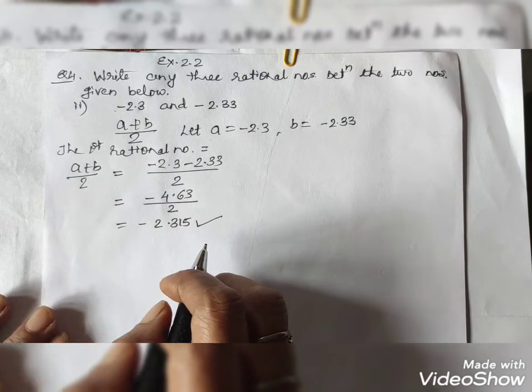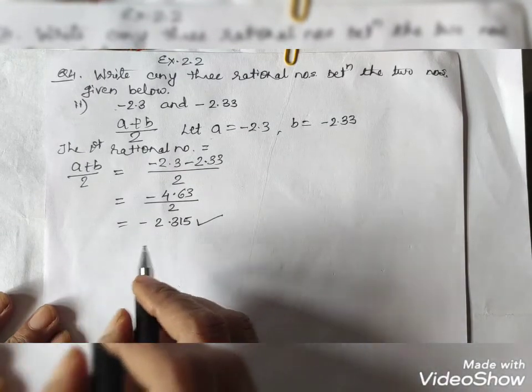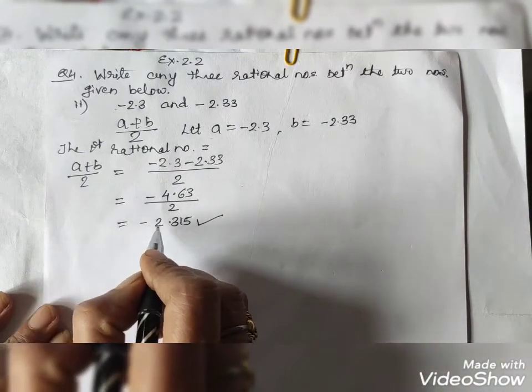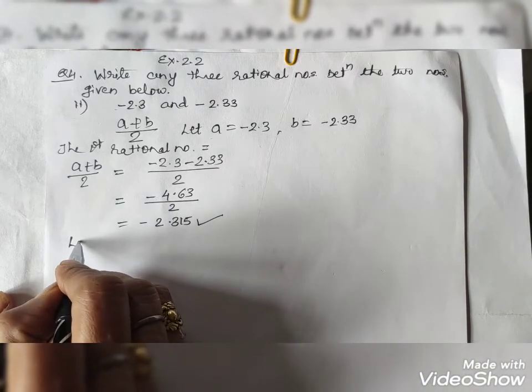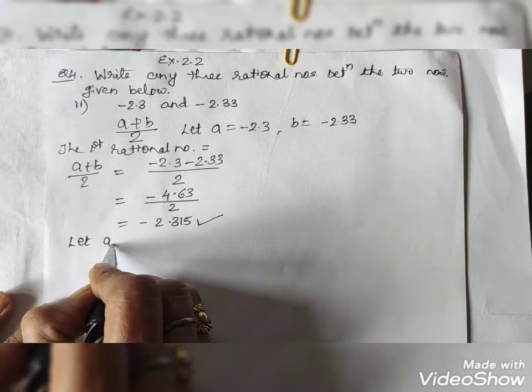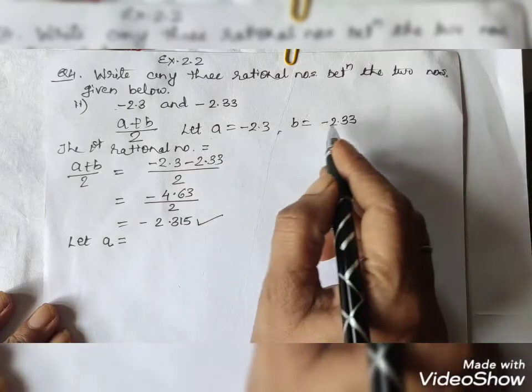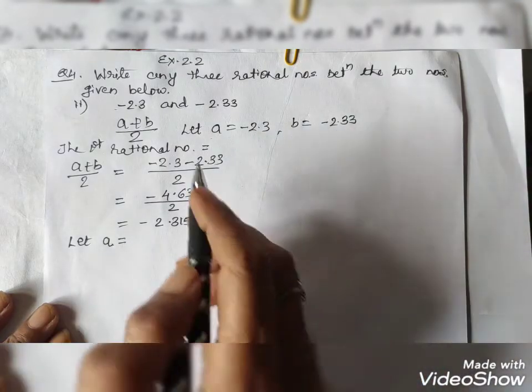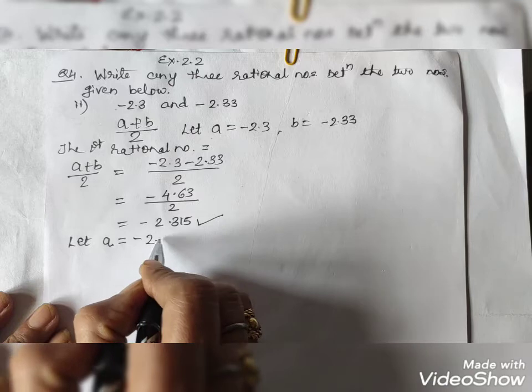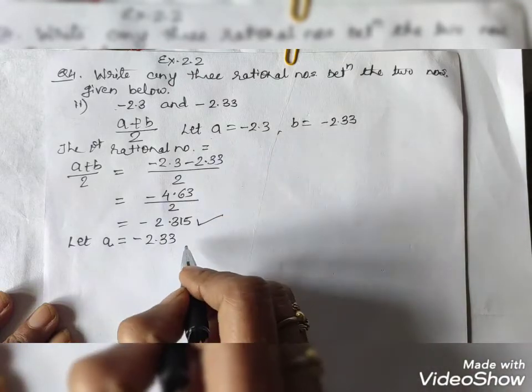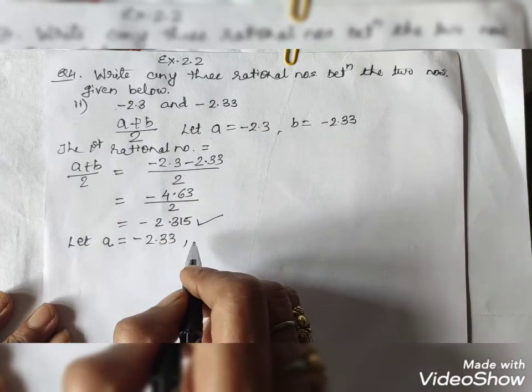Okay, this is the first rational number. Now again you have to take your a and b. Suppose I am taking minus 2.33 as a. You can take this also as a, but a and b should not be the same.